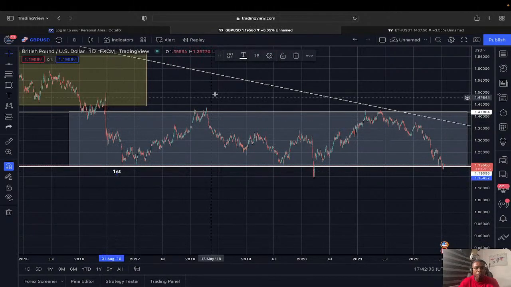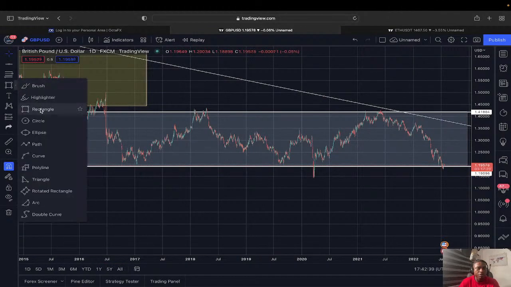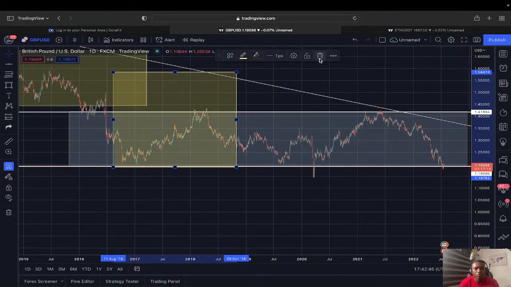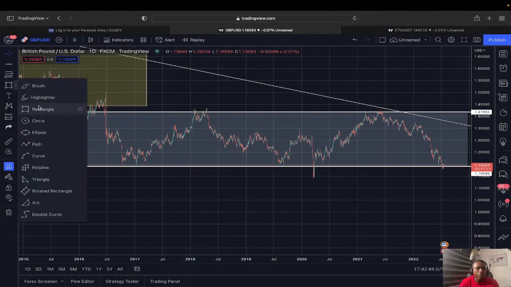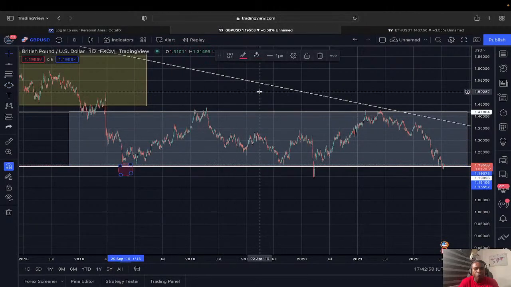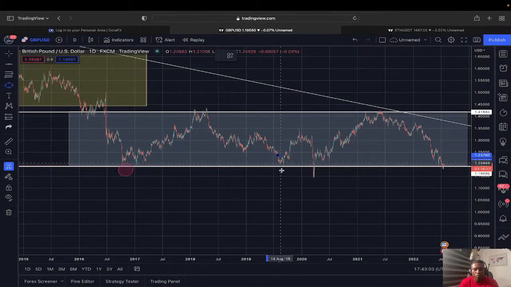Let me just remove this and use the shape to identify them. Here we can see the first price footprint.